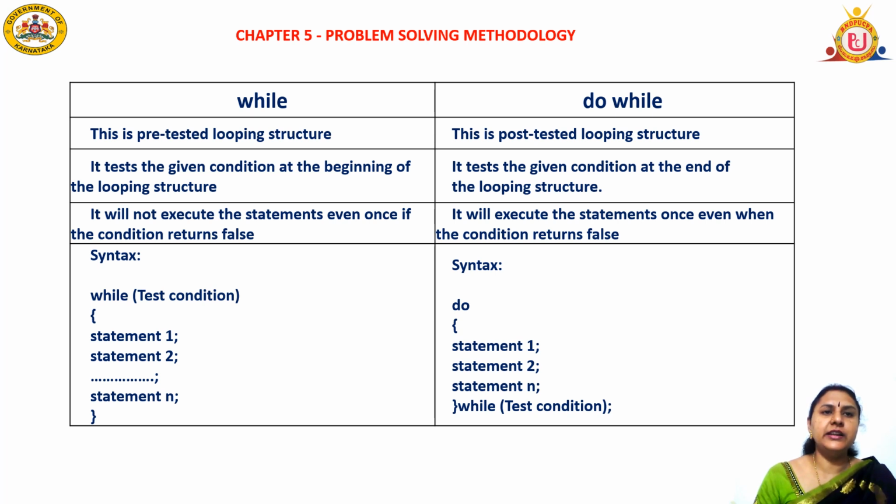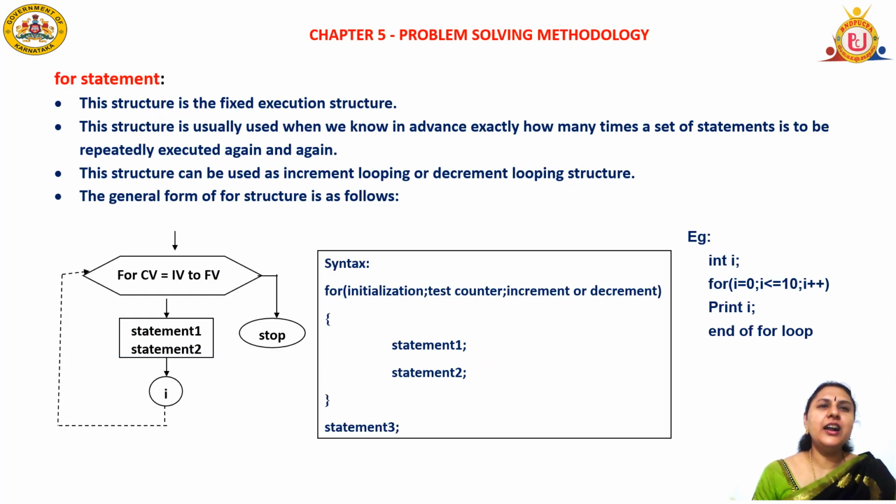Next, the syntax: while test the condition, open the flower bracket, it will execute the statement 1 and 2 up to n and close the while loop. The syntax for do while: do, execute the statement 1, 2 up to n, and last it will check the condition, while test condition. The third looping construct is for statement or for construct.